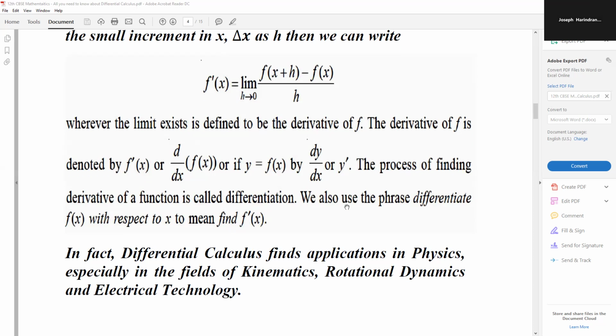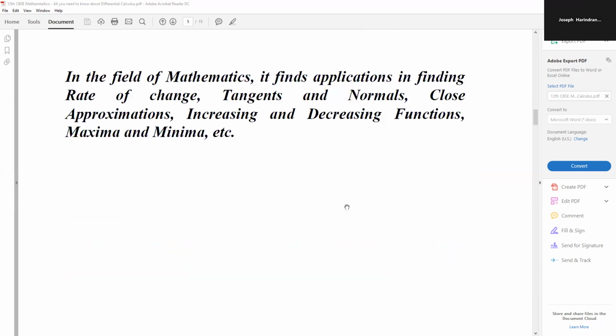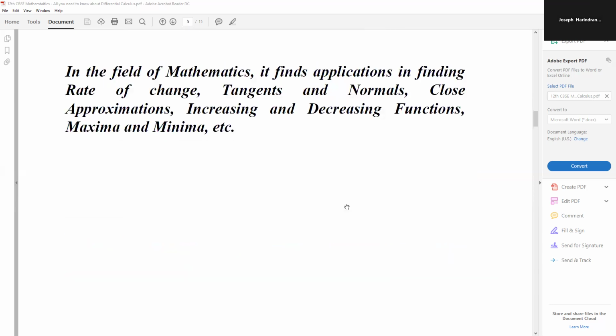In fact, differential calculus finds applications in physics, especially the fields of kinematics, rotational dynamics, and electrical technology.